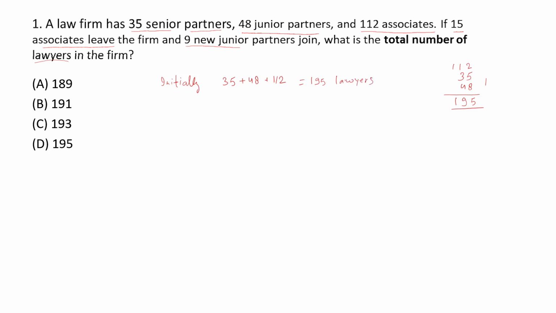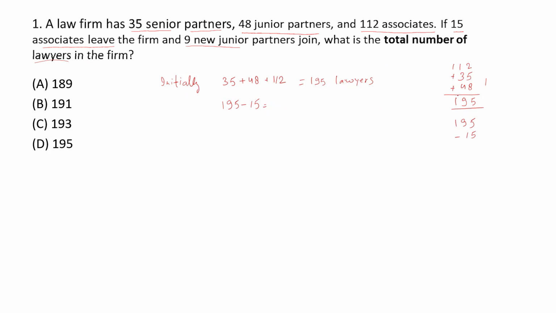In the firm. Now, what is the scenario? If 15 associates leave the firm, okay? That means 195 minus 15, because 15 have left. So now you have to subtract 195 minus 15.